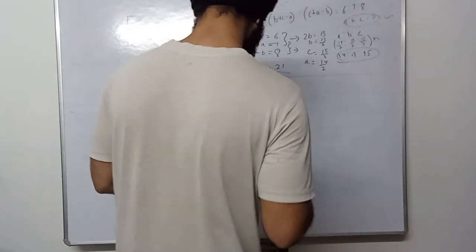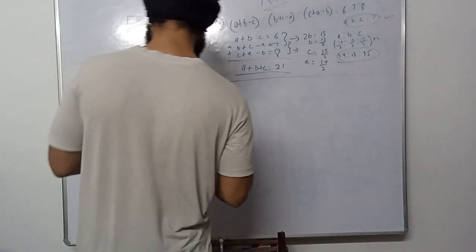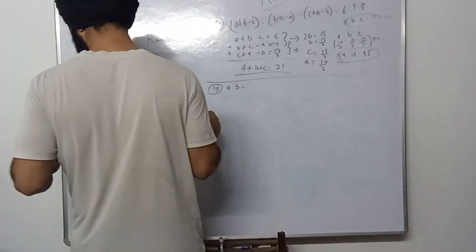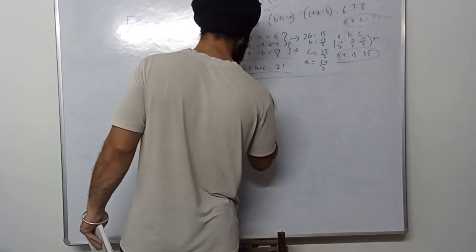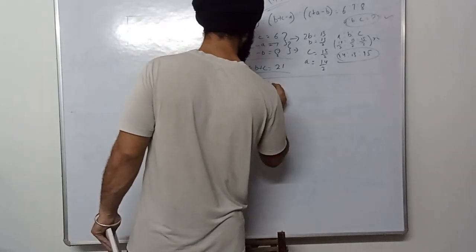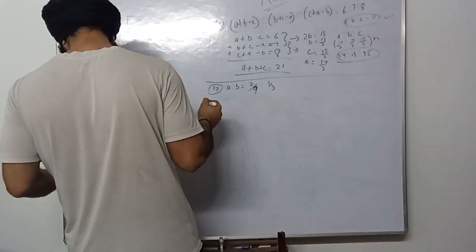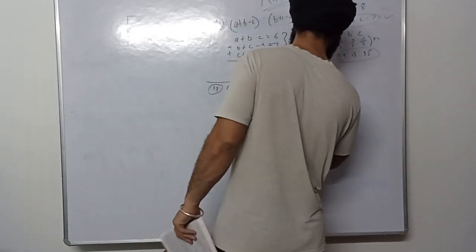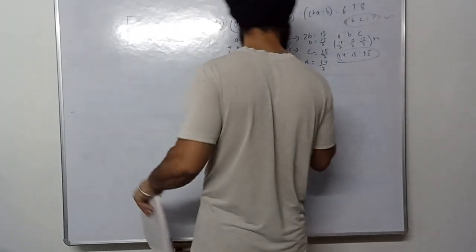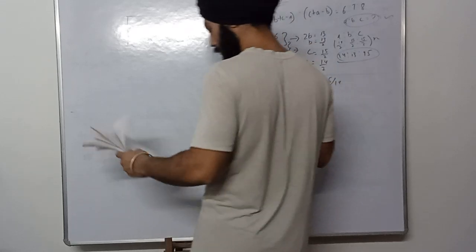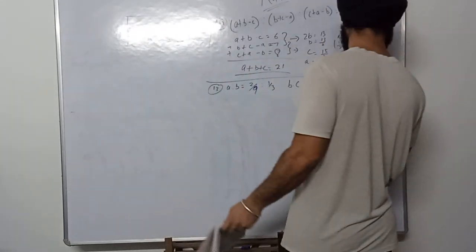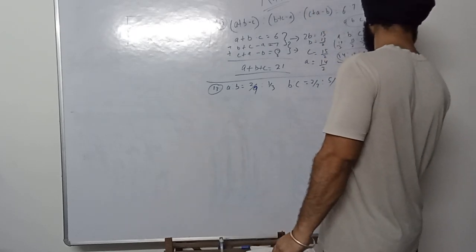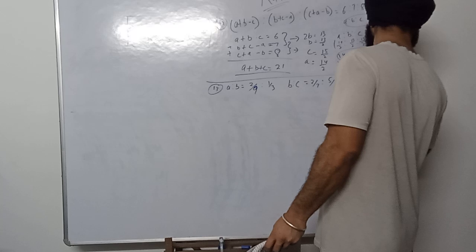Now, the next question. If A ratio B is equal to 2 by 9 ratio 1 by 3, and B ratio C is equal to 2 by 7 ratio 5 by 14, and D ratio C is 7 by 10 ratio 3 by 5.